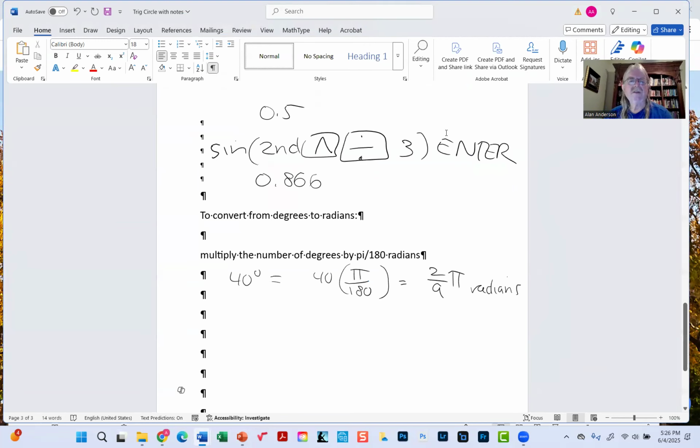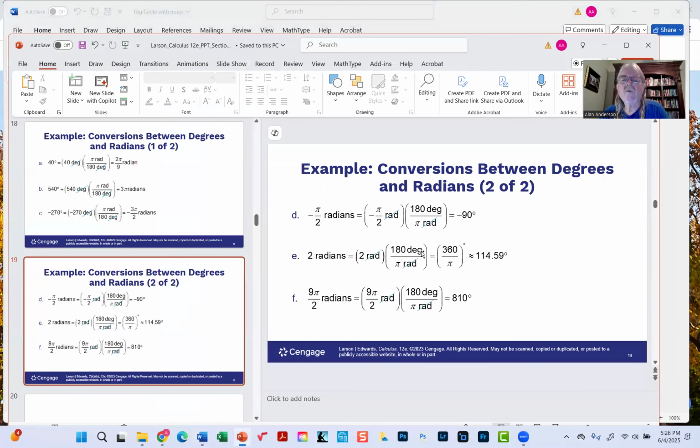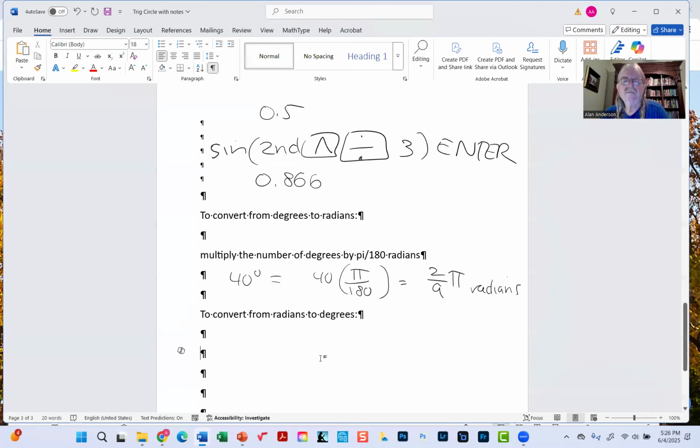you just reverse the process, as you can probably imagine. So you're reversing it. You're multiplying by 180 over pi. So for example, let's do this one. 2 pi over 9 radians.